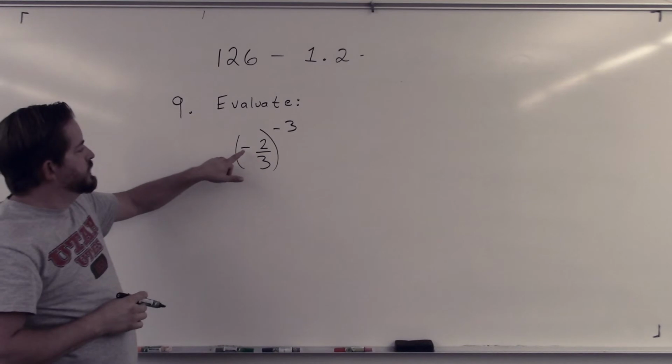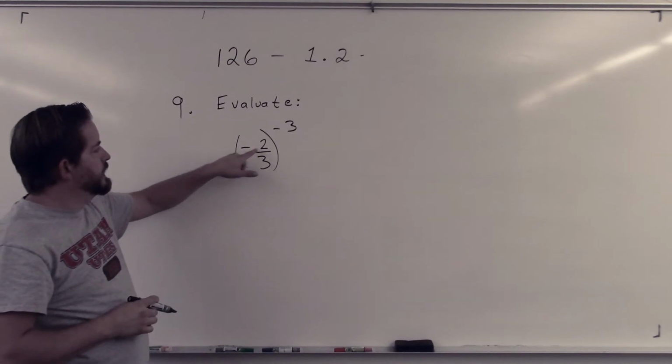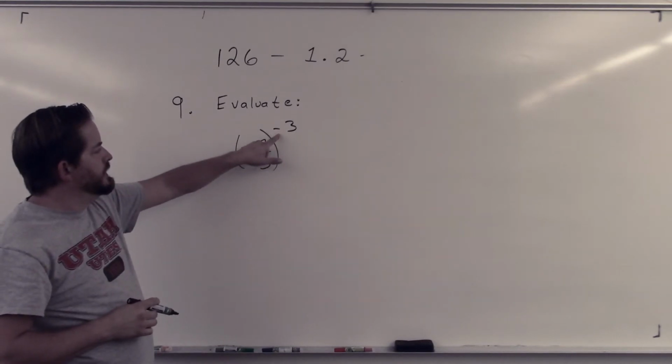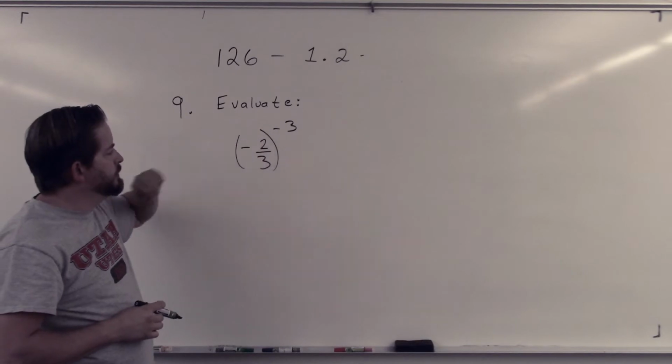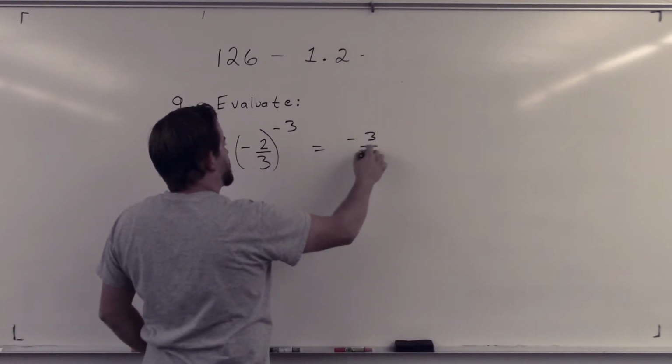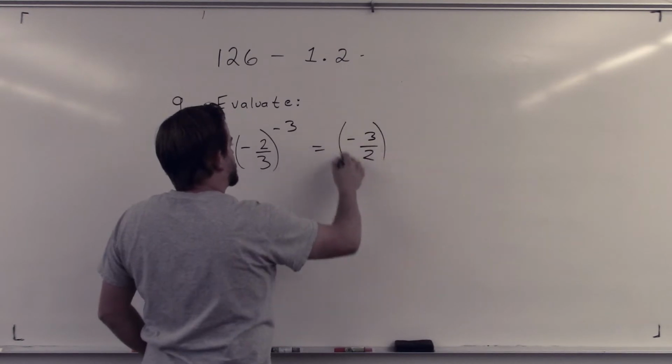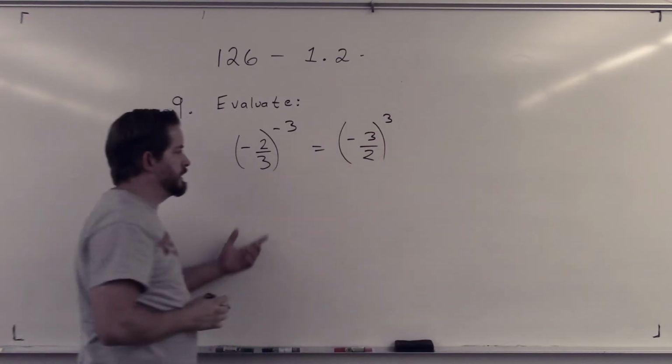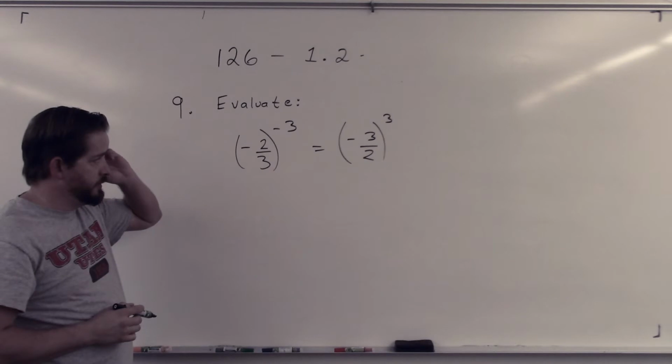So first off, I have a negative inside. I can take care of that negative by maybe flipping this, right? The very first thing I want to do is maybe call this negative 3 over 2 to the third power, because that negative is just going to flip everything.